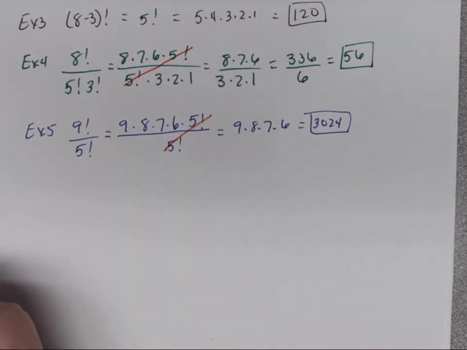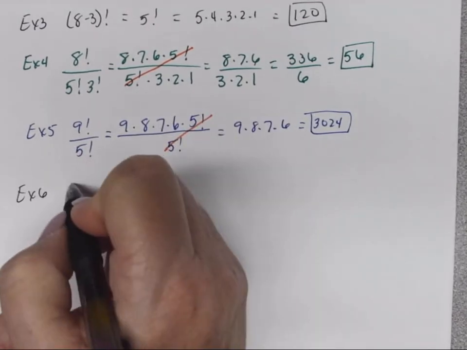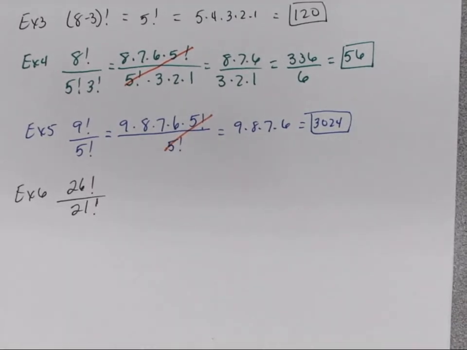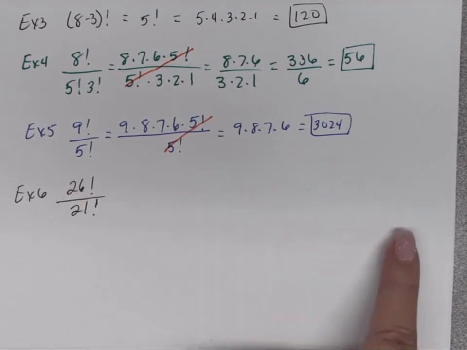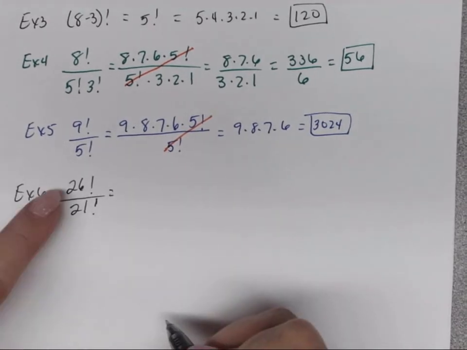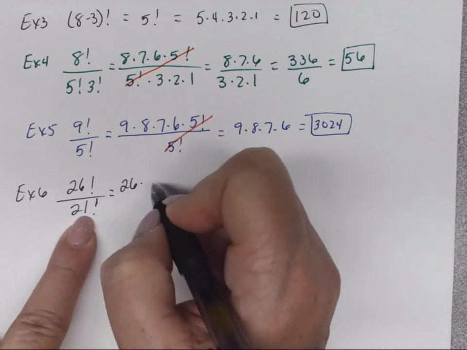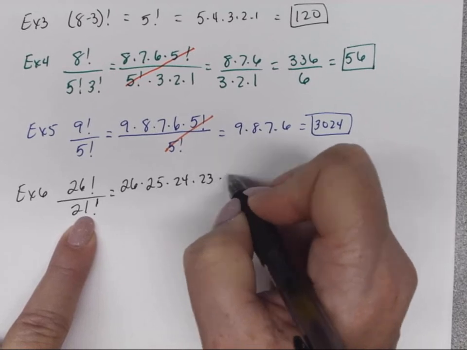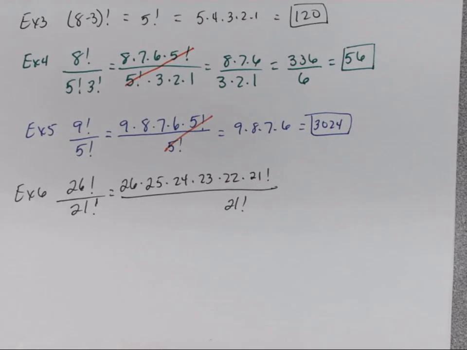All right, let's look at another example. Example 6, we have 26 factorial over 21 factorial. So this is going to start to help you see why you don't want to write them all out. I don't want to write 26 all the way down to 1 and then 21 all the way down to 1. So if I look at 26, I'm going to stop at 21 because that's where my denominator is, so 26 times 25 times 24 times 23 times 22 times 21 factorial over 21 factorial.